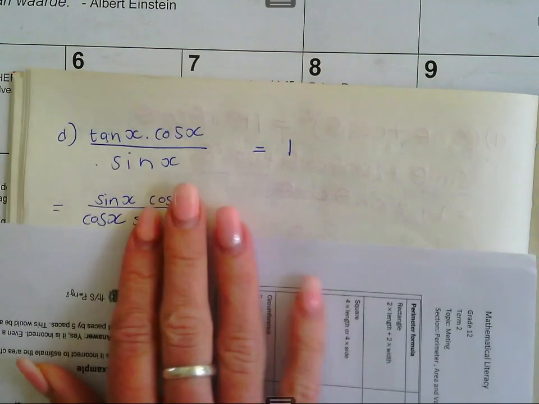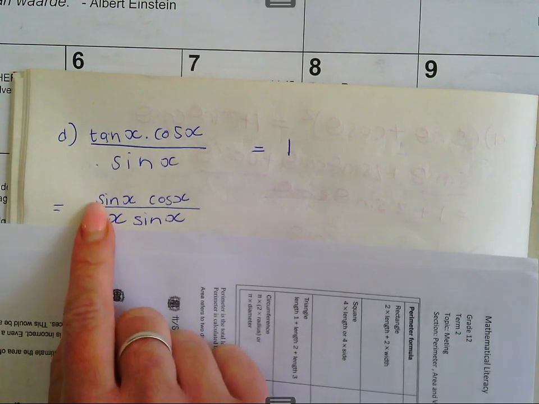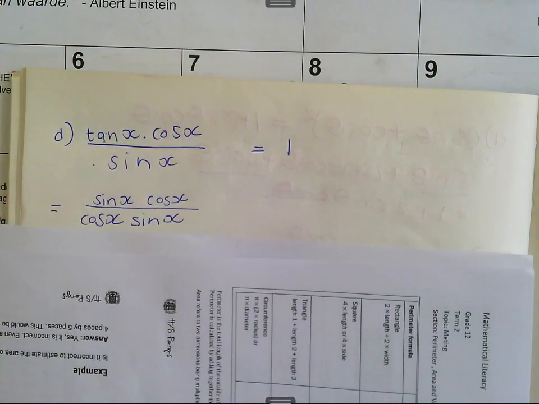Keep sin the numerator, keep cos the denominator. Don't make another fraction. The reason we can do this is because it's one term. So in that one term, all the denominators will be the same denominators. All the numerators will be the same numerator. Do you understand what I'm saying?